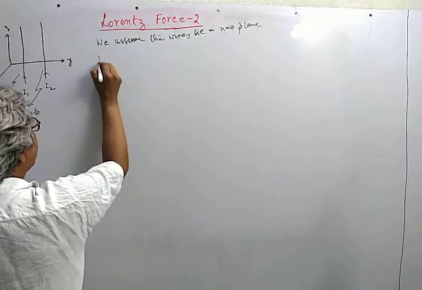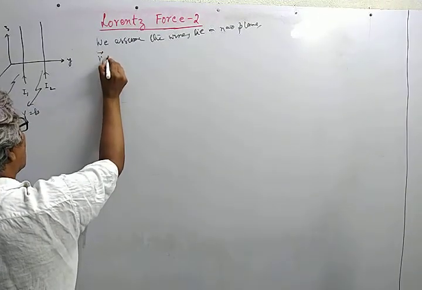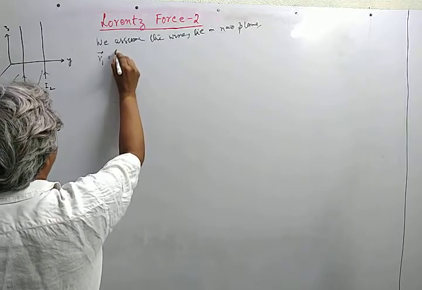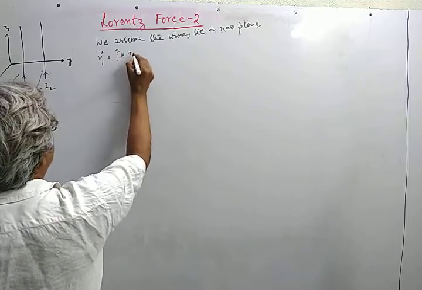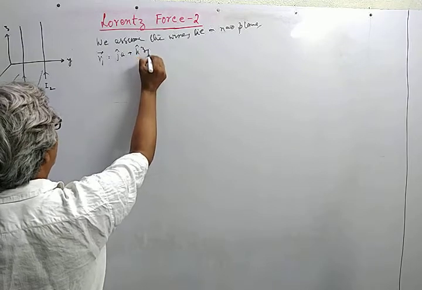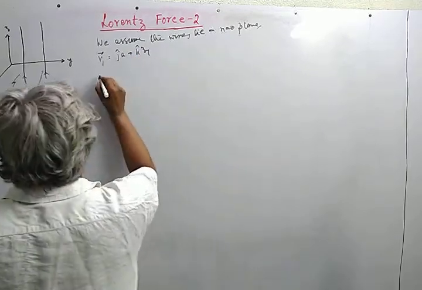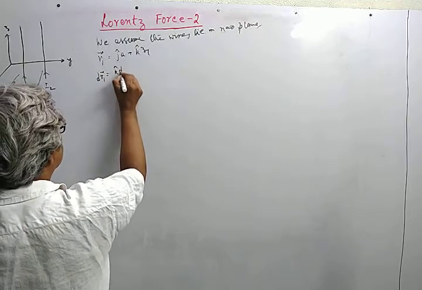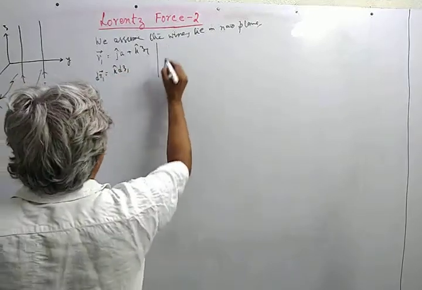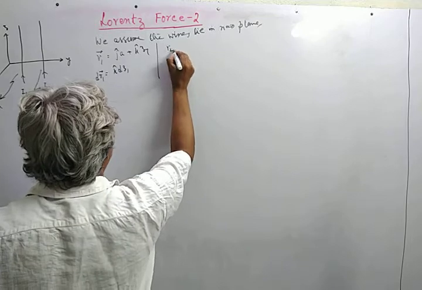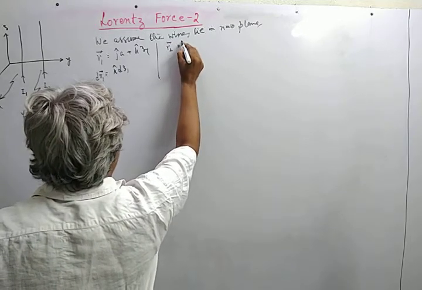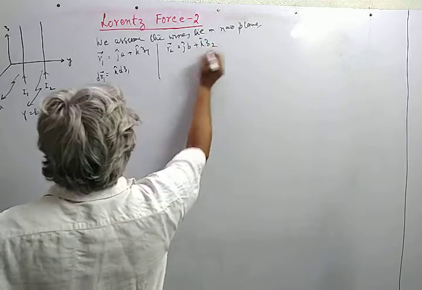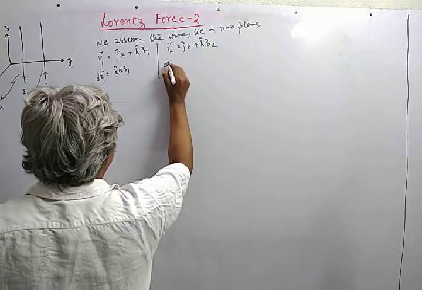So the position vector on conductor 1 will be j cap a plus k cap z1, which gives you dr1 equal to k cap dz1, and for conductor 2, r2 is equal to j cap b plus k cap z2, which gives you dr2 equal to k cap dz2.